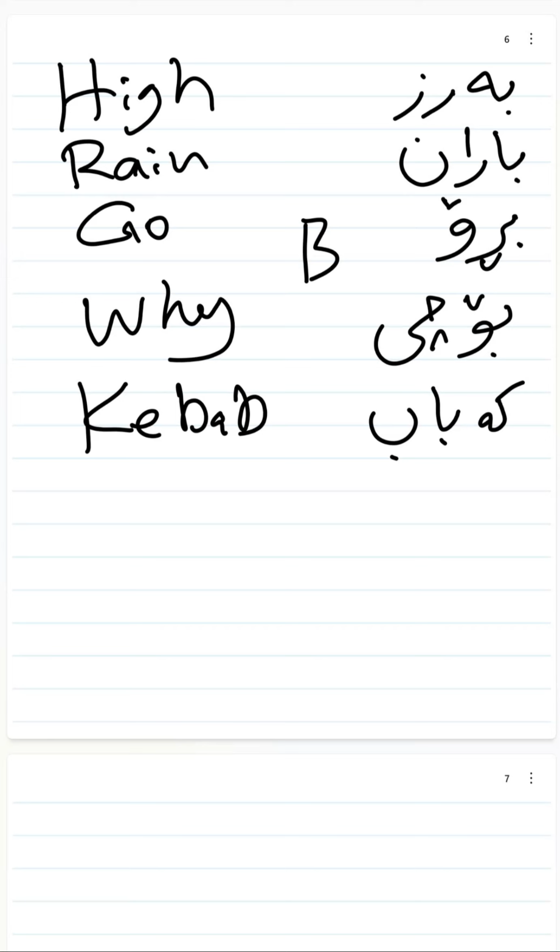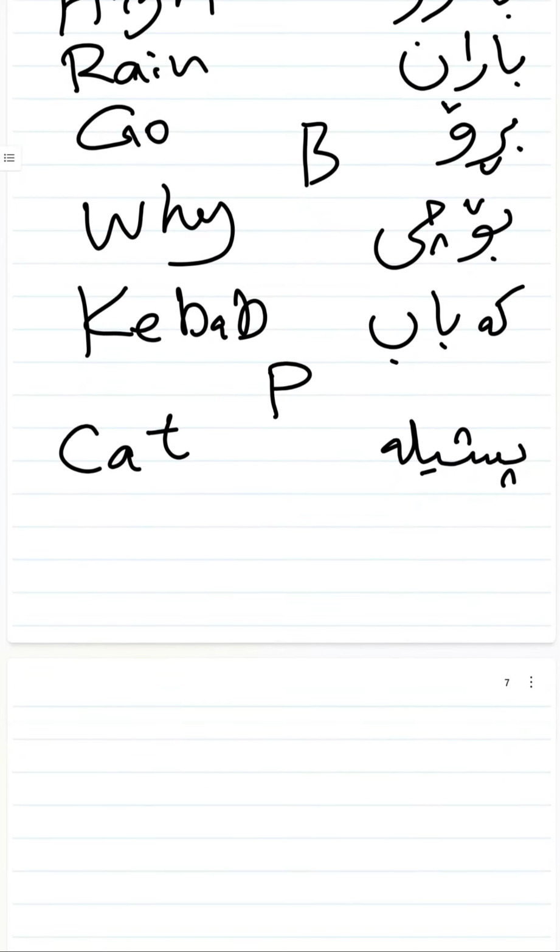Now for P, we learned pshila, which meant cat. It still means cat, and it will mean cat forever, obviously.